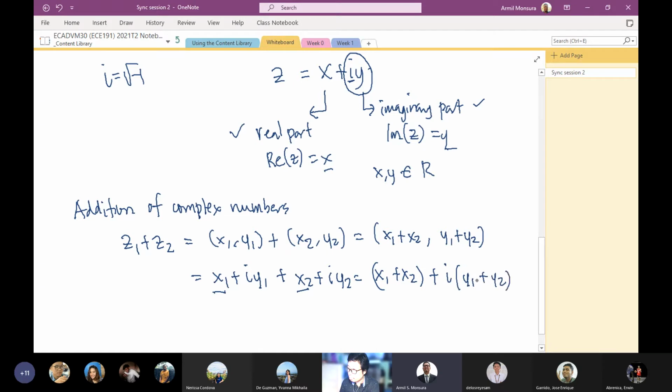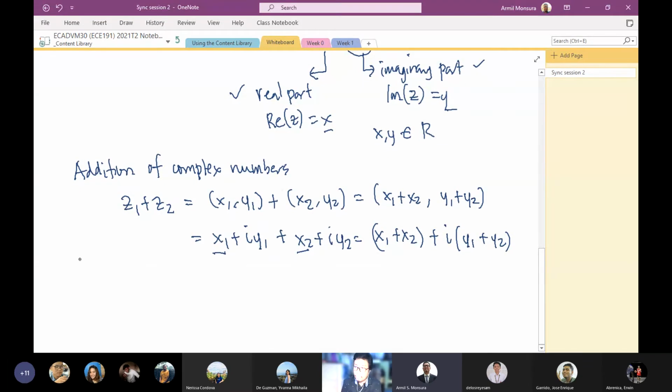So that's the sum of two complex numbers. Okay, is this clear?